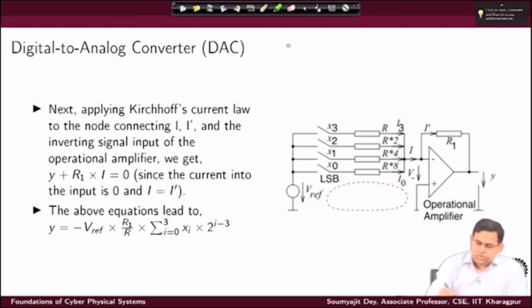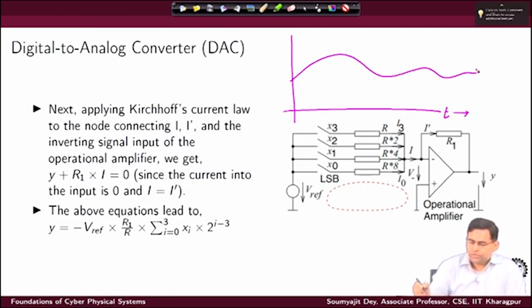So let's say you have an analog signal which is changing its value like this. What I am doing is sampling this signal, let's say from the sensor itself, okay? So I am actually sampling this signal with a specific periodicity.